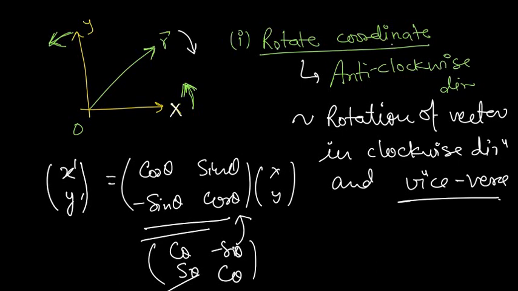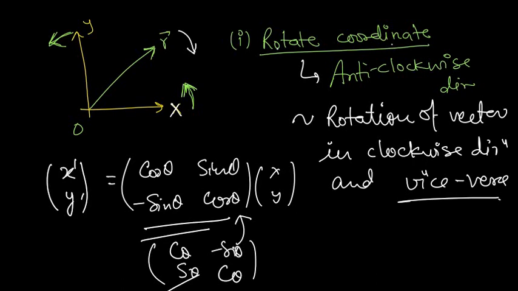Do remember this. It was only to emphasize that you notice the angle, the way it is transformed, whether the coordinates are transformed in anti-clockwise direction or clockwise direction. That's the first thing. And the second thing, there is a similarity of two statements: whether I say my coordinates are transforming in anti-clockwise direction, or I say my vector is transforming in clockwise direction.